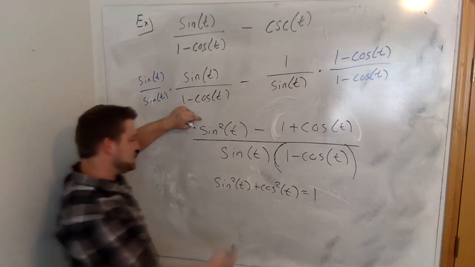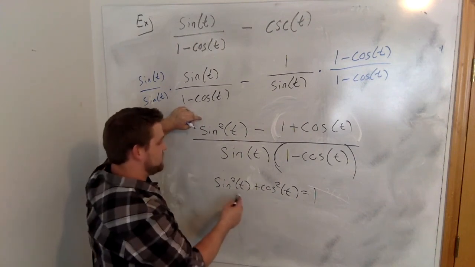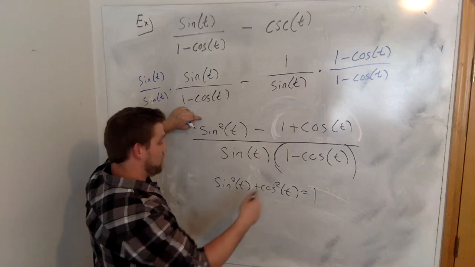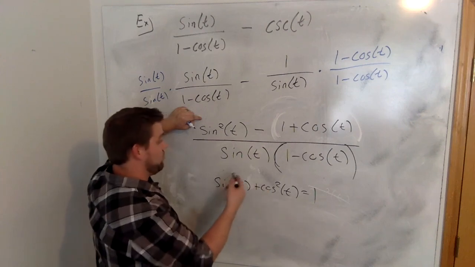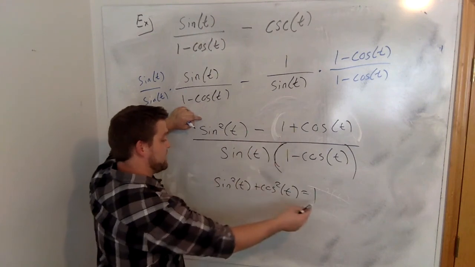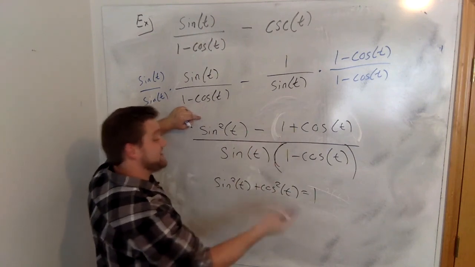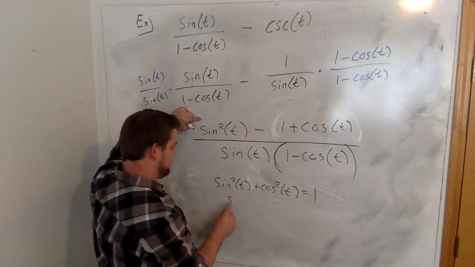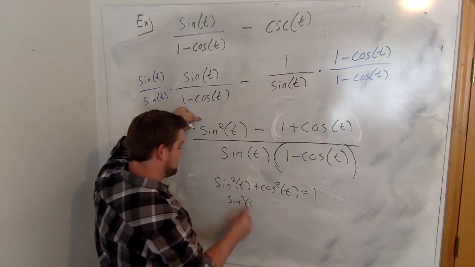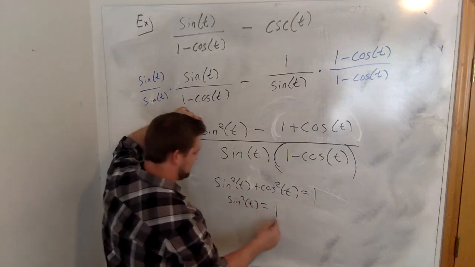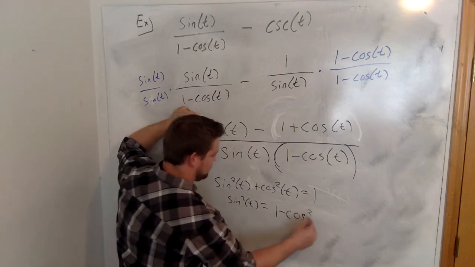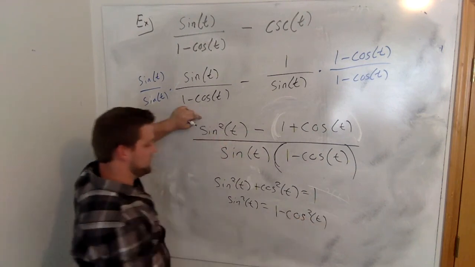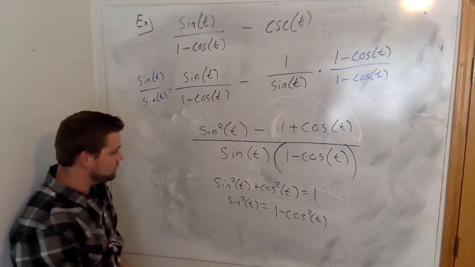Well, sine squared is the same thing as 1 minus cosine squared, or you could say that sine squared minus 1 would be the same thing as negative cosine squared. However you want to do it, I'm going to rewrite sine squared. How about we just say sine squared is the same thing as 1 minus cosine squared of t. And let's see if this cleans up a little bit nicer here. So that's what we'll do.